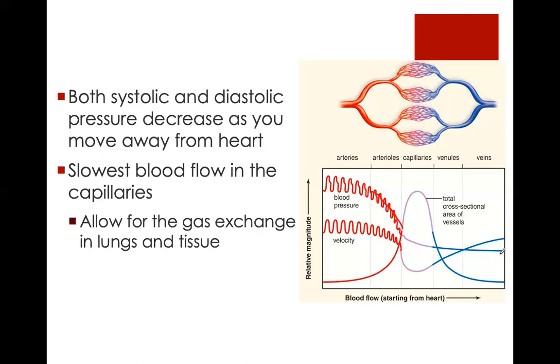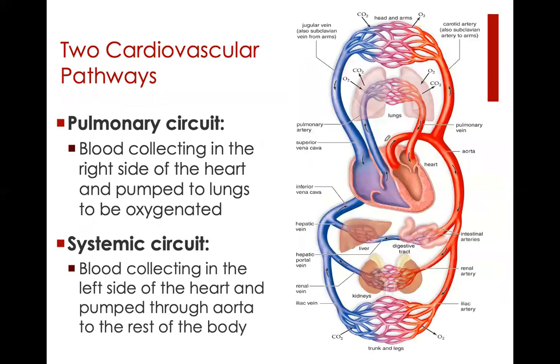The main reason for this most significant drop being observed in arterioles is that they provide the highest resistance against the blood pressure, which basically forces the blood pressure to significantly drop. So make sure you can distinguish between a severe drop in blood pressure versus a severe drop in velocity.